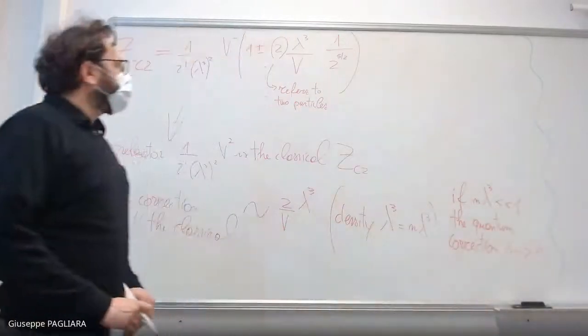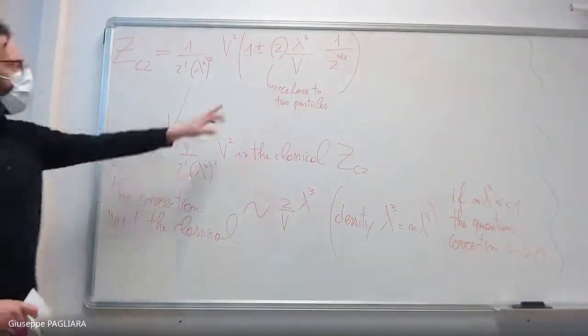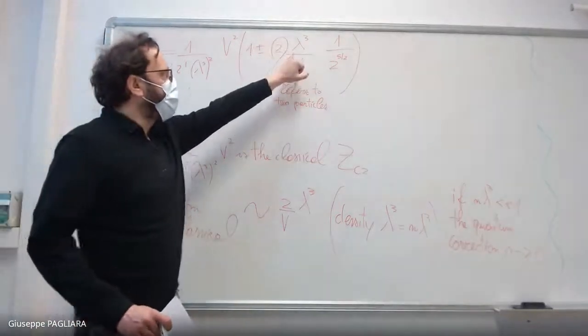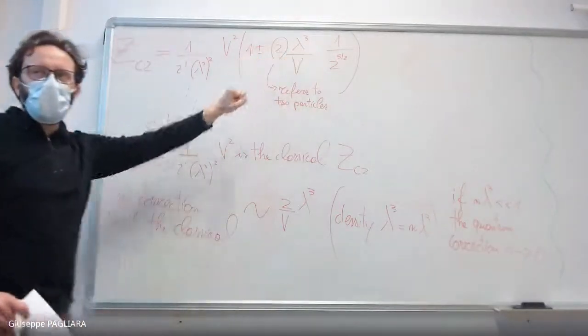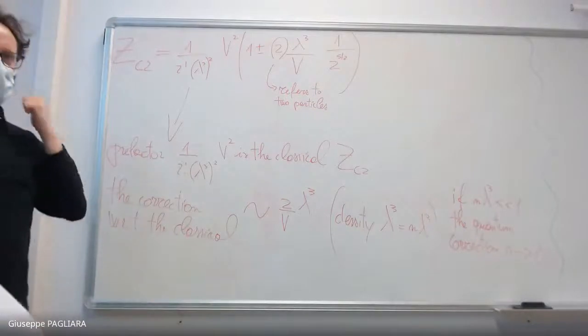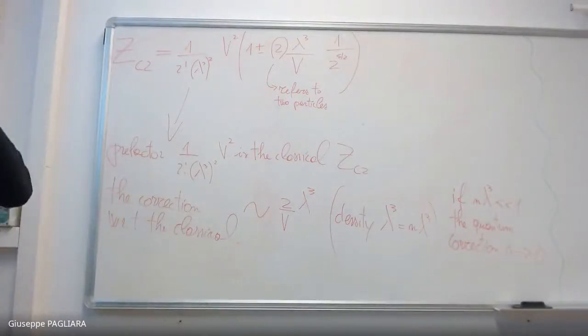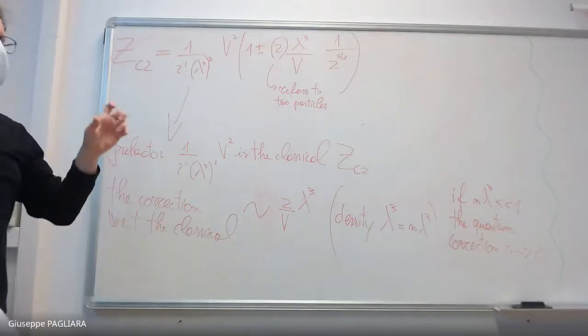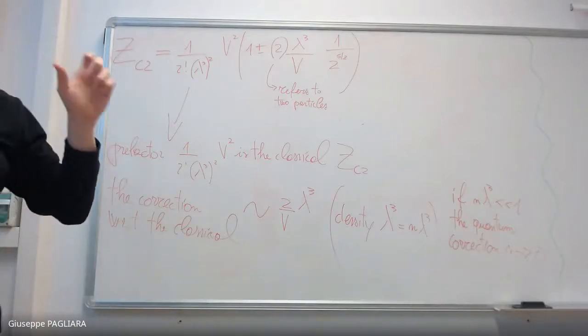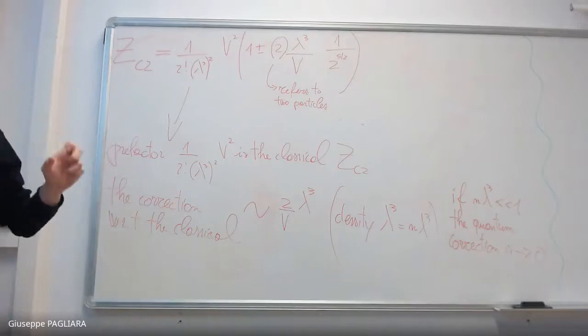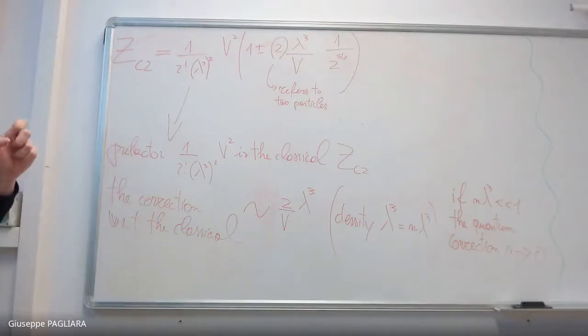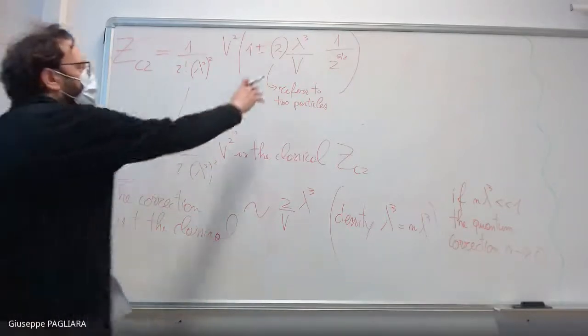So the classical case is obtained when the density times lambda cubed is a small number, which means small density, large temperature, or if you want, the interparticle distance is much larger than the de Broglie wavelength. Okay, so we recover a nice result.